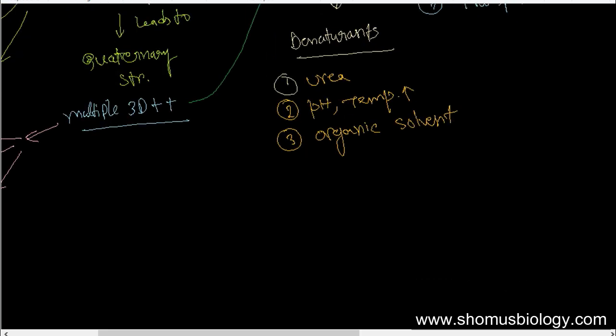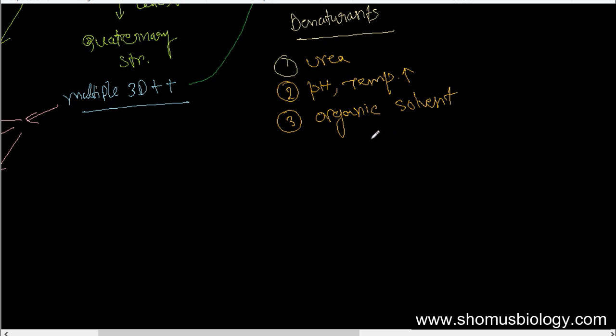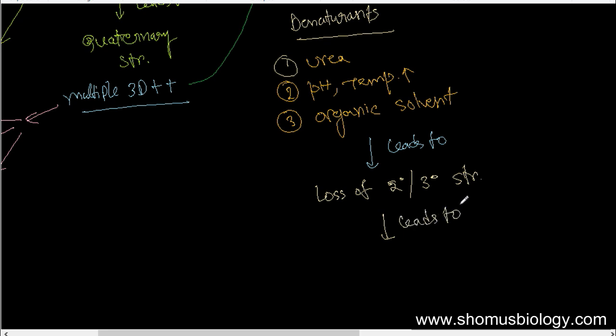And this denaturation by all these factors leads to what? Loss of secondary or 2 degree and tertiary or 3 degree structures. That leads to, again let me write, what?